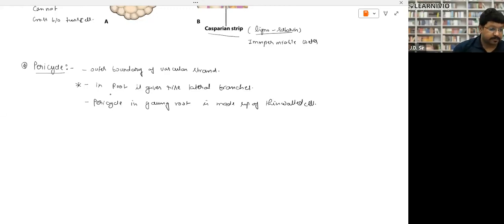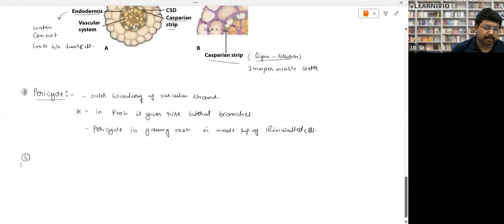Then fifth one is pith. Pith is just parenchymatous tissue. It's found at the center of the plant, like here at the mid you will find the pith, right?